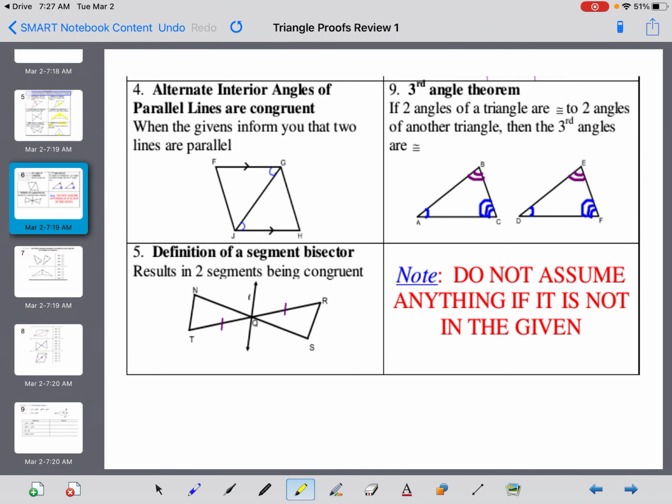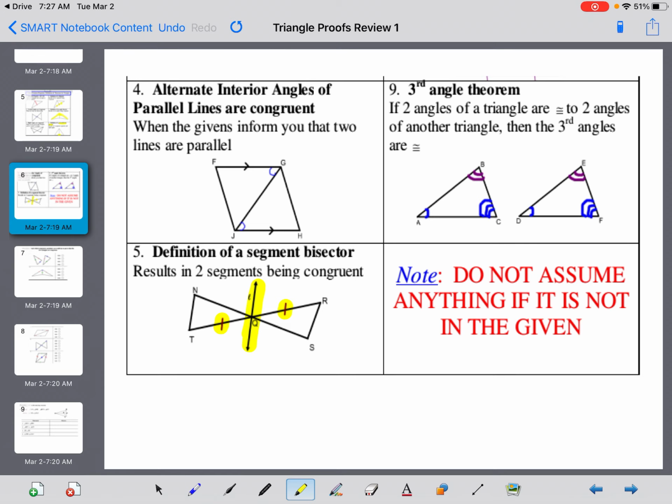Okay, we also have alternate interior angles, which is one that you guys know already. It's alternate sides on the interior of a transversal cutting through two parallel lines are going to be congruent. On the bottom left corner, you have the definition of a segment bisector. So if you cut a segment in half with a line, then TQ is going to be congruent to QR.